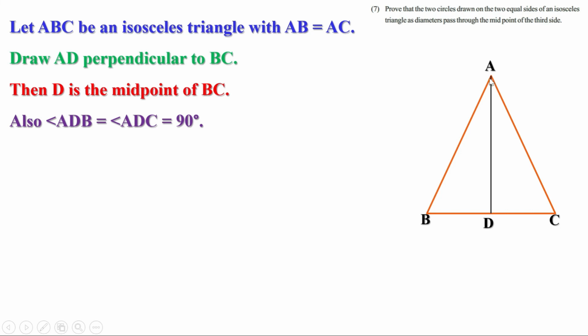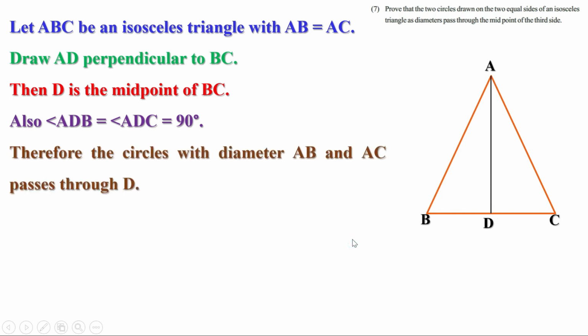Now suppose we draw a circle with AB as diameter. Then it passes through the point D because angle ADB is a right angle. In the same way, if you draw a circle with AC as diameter, it passes through the point D because angle ADC is 90 degrees.